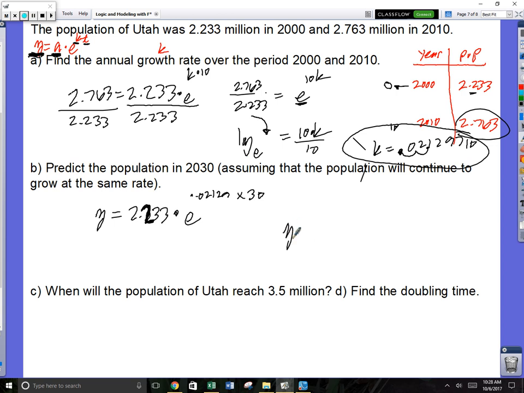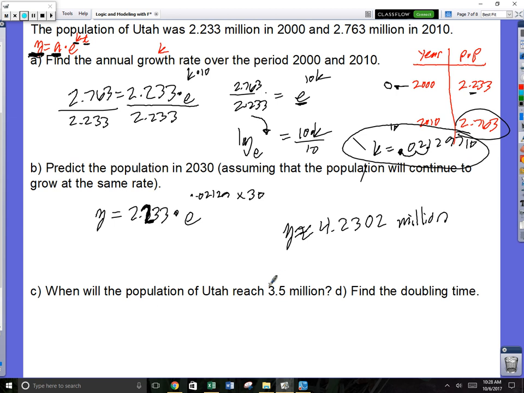So y equals 4.2302 blah blah blah, and that is million people, because we're in millions. So 2030, there's going to be approximately 4.2302 million.